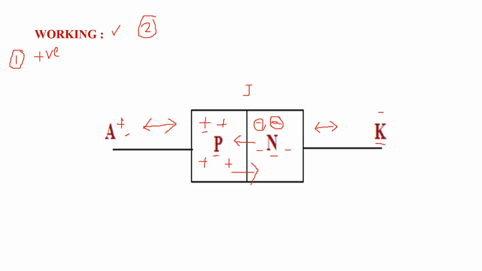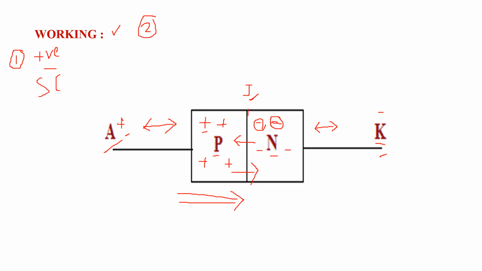If we increase the voltage between anode and cathode, at a particular voltage the width of junction J decreases and it allows the flow of current from anode to cathode. The voltage at which junction J breaks down in forward bias is called the forward breakdown voltage. That is the first case. In the first case, the diode acts as a short circuit.